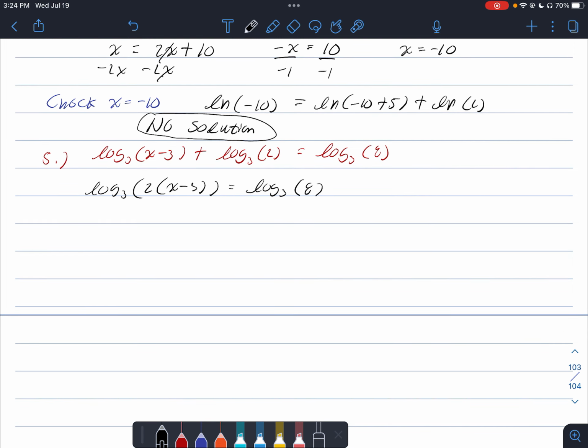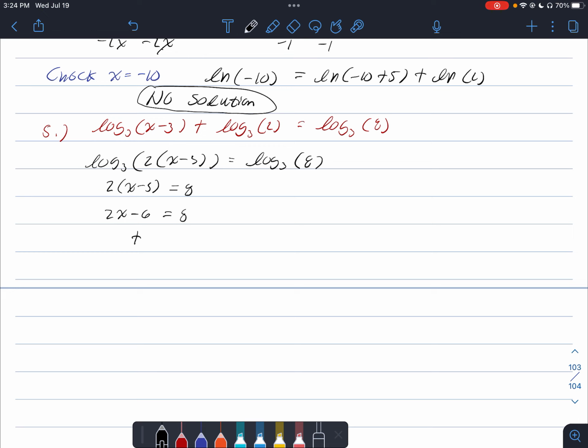Okay, so since we have two logs at the same base on both sides, we can now write this as 2 times x minus 3 is equal to 8. So let's distribute this 2. We'll have 2x minus 6 is equal to 8. If we add 6 to both sides, we'll get 2x is equal to 14, and dividing by 2 will give us x is equal to 7.